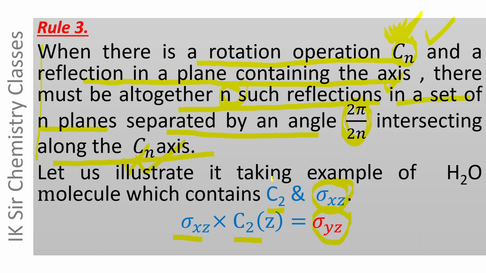If the H2O molecule contains a C2 axis of symmetry and one plane of symmetry, there will be another plane of symmetry, and these two planes of symmetry intersect each other along the C2 axis at an angle of 2π by 2n. That has been illustrated on the next slide.